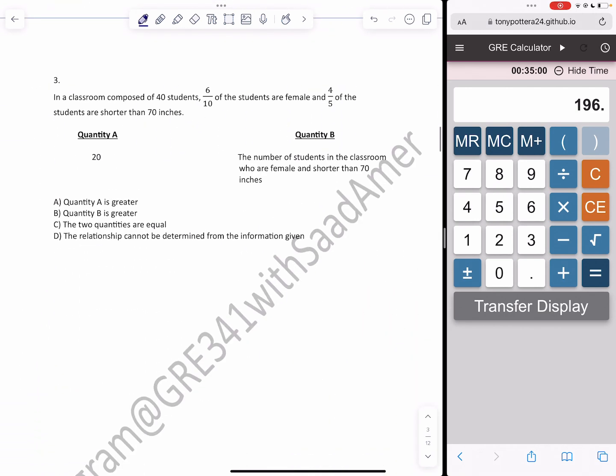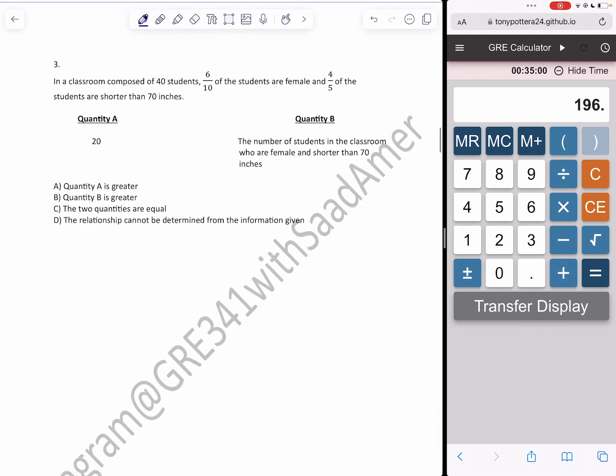In a classroom composed of 40 students, 6 over 10 of the students are female. 40 students in total. 6 over 10 of the 40 students are female.